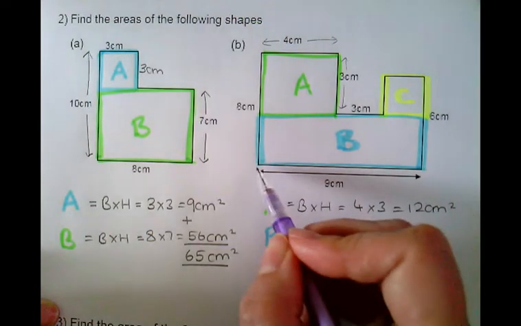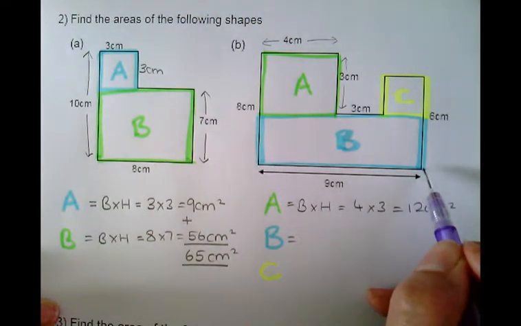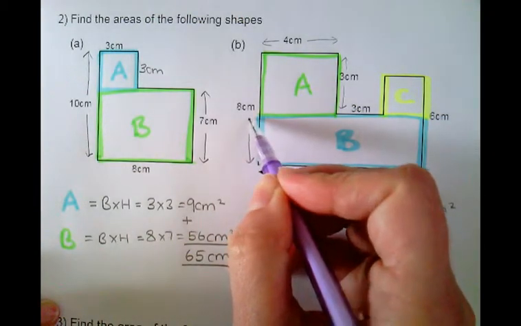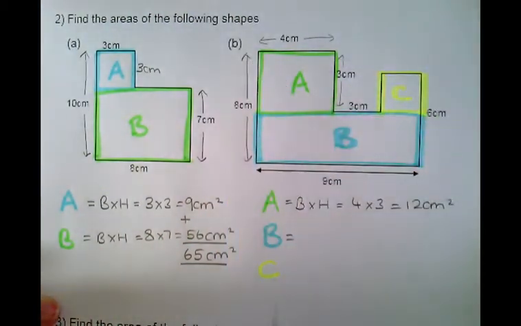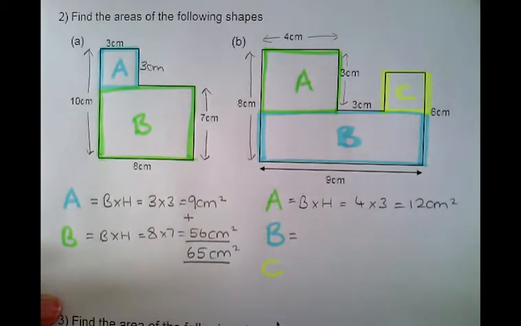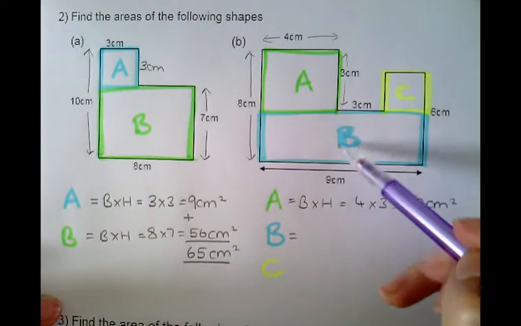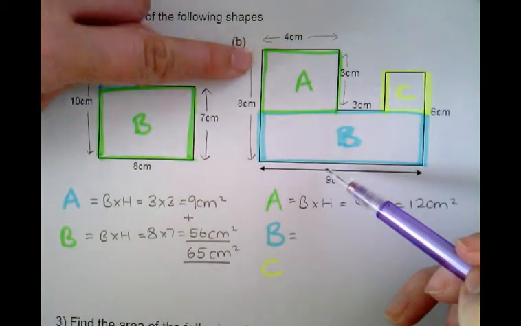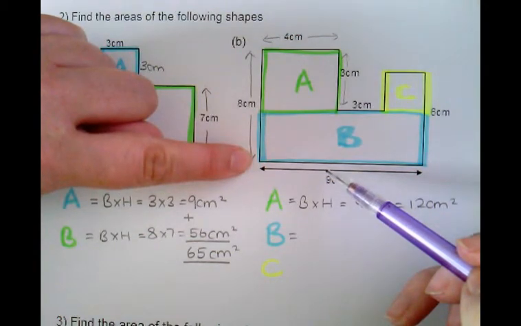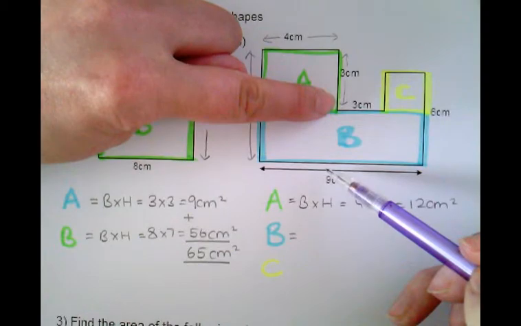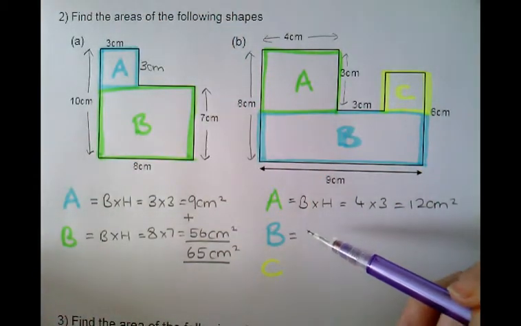Rectangle B is 9 going across, okay, but you don't know the height of it. You know that the 8 is the total distance of it, and then you know that 3 is the height of the green one, and we're just looking at the blue one. So you would have to do the total height 8 of the green one and the blue one, take off the green one, which is 3, and that will leave you with the blue one as 5.